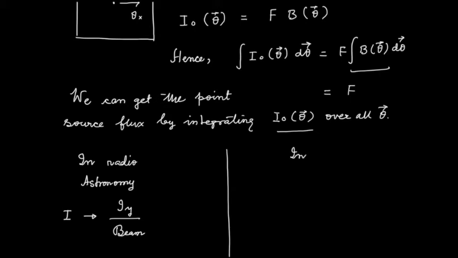In optical astronomy, remember that the beam width can be written in units of either arcsecond square or steradian.